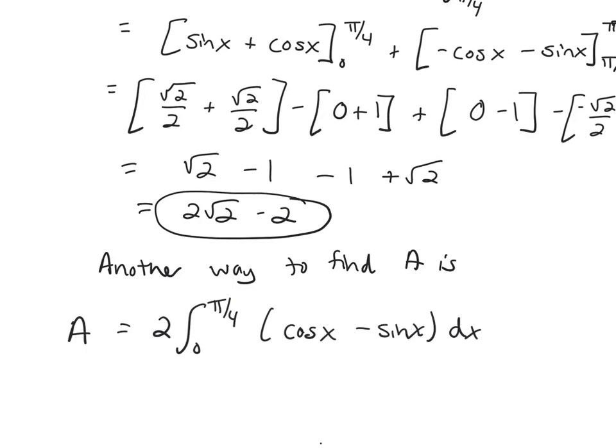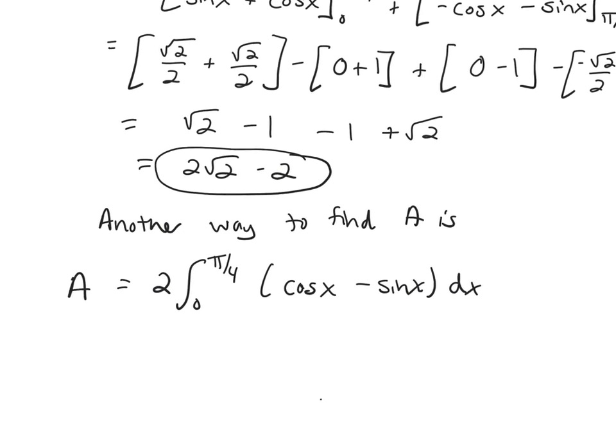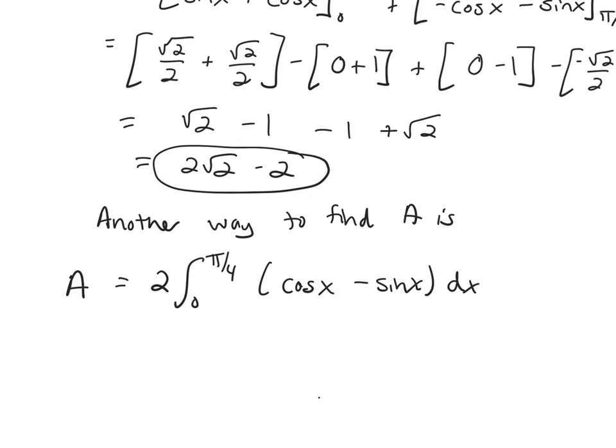And if you compute that out, you should get the same exact answer we got, 2 square roots of 2 minus 2. So in a lot of these problems, depending upon your region, you can make it a little easier on yourself if you use symmetry that's occurring in your graph, in your picture.